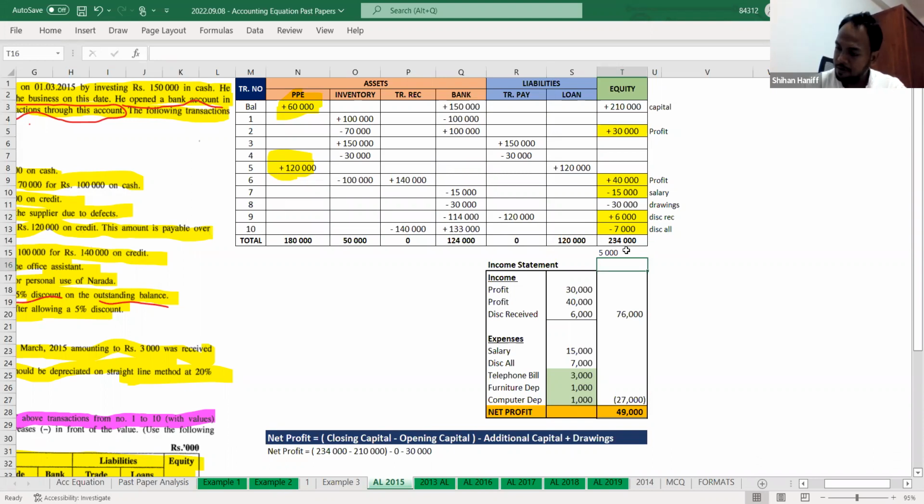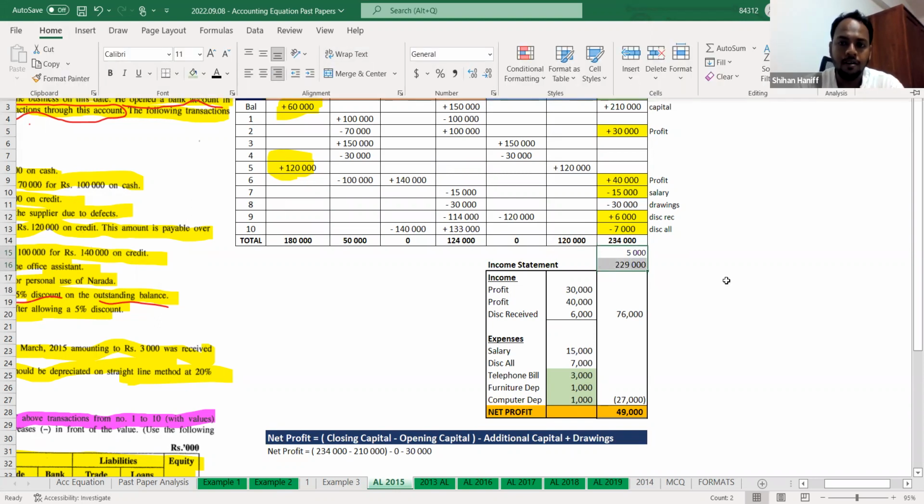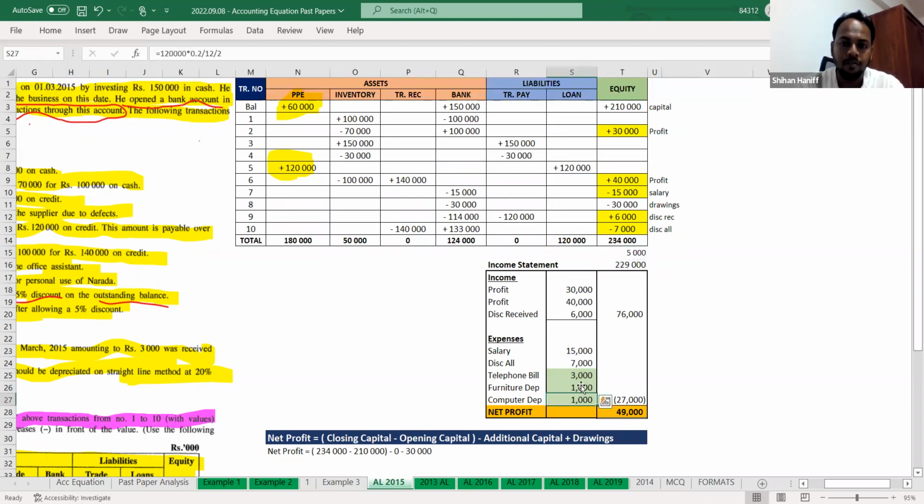Minus, 229. 229 is the closing capital after these three expenses.